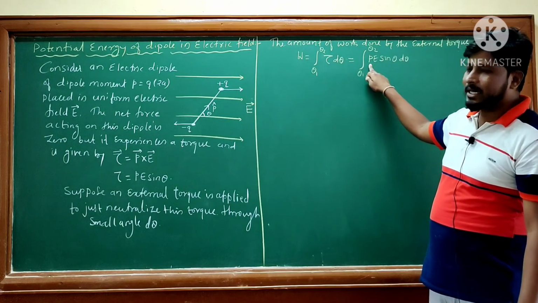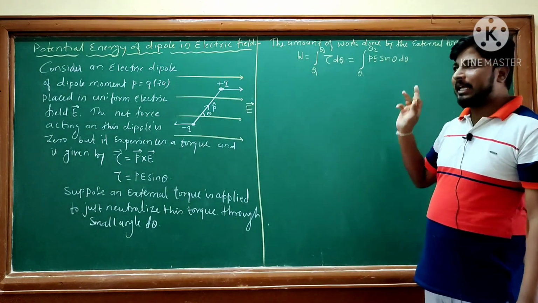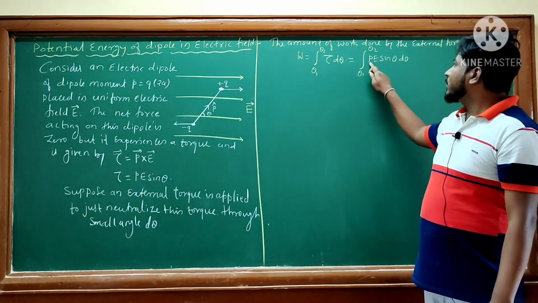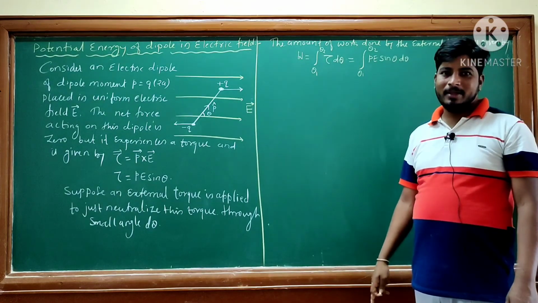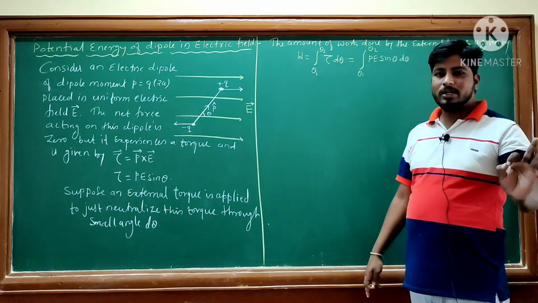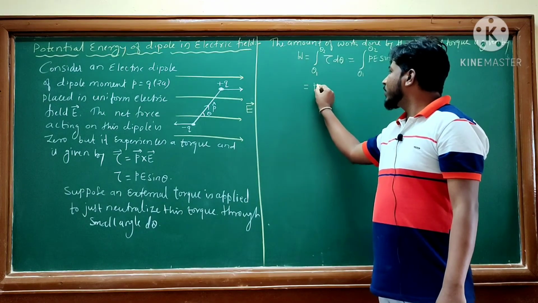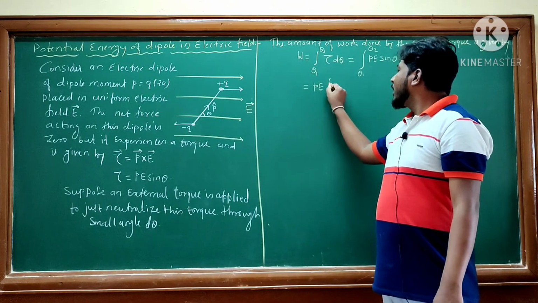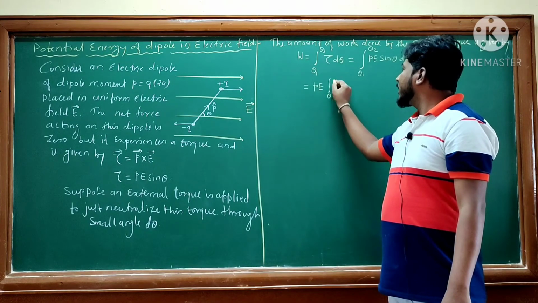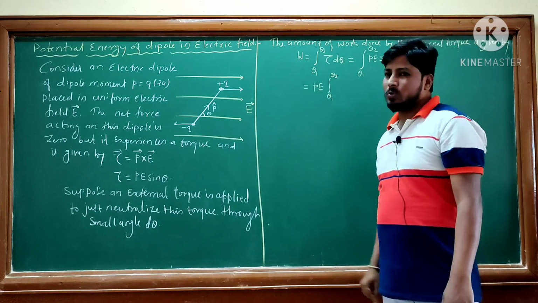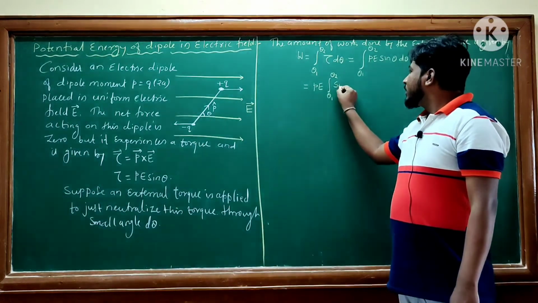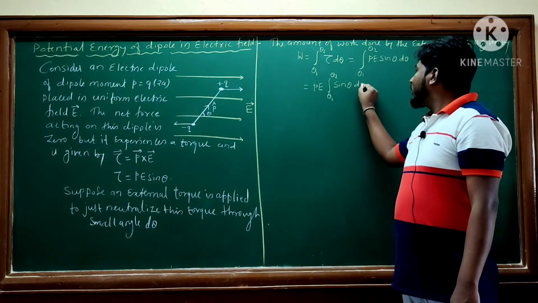Here P is the dipole moment and E is the electric field. Both are constant, so I will take them outside. So it is PE times the integral from theta 1 to theta 2 of sin theta d theta.